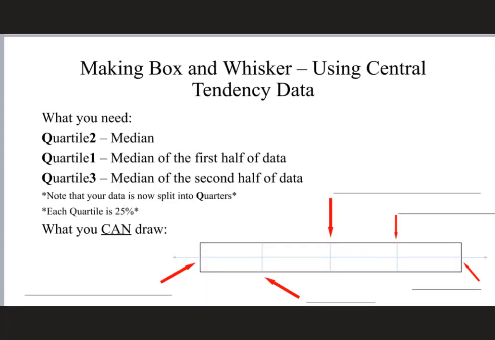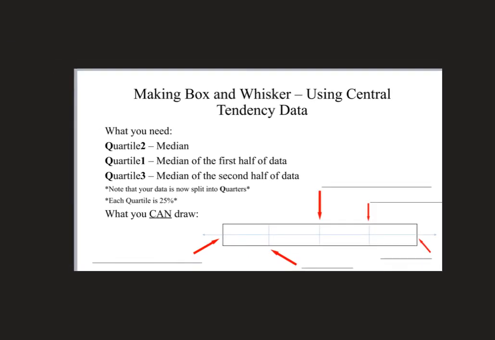Next, we're making box and whisker plots. When you have a box and whisker plot, you have different things within that box and whisker plot. These are our 3 main, along with 2 more, that are in our box and whisker. The first thing you're going to do, that's why I have Q2 first, is find the median of your data.